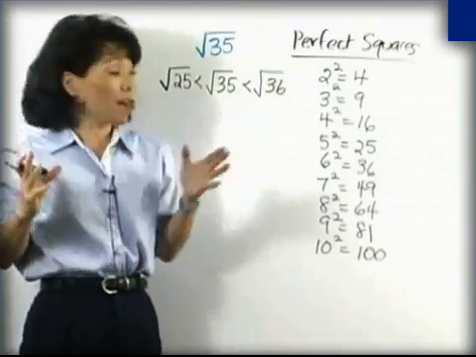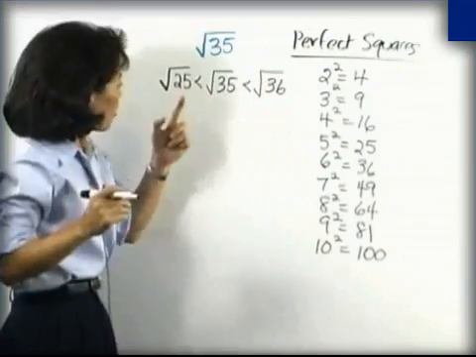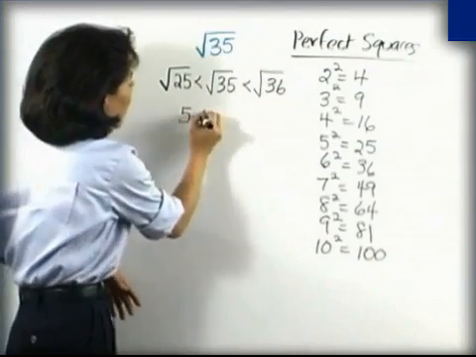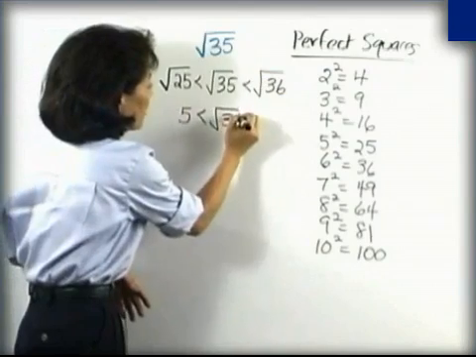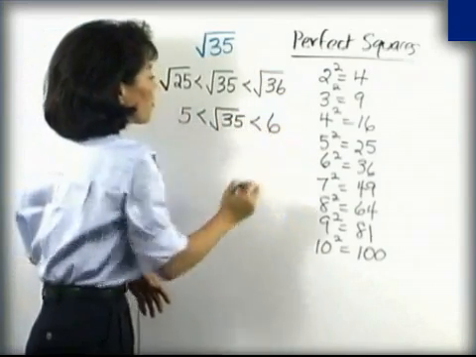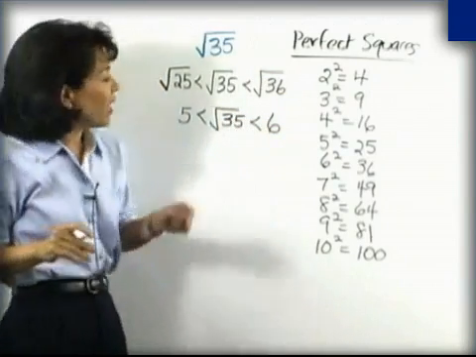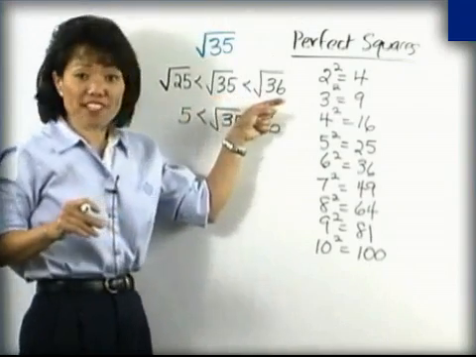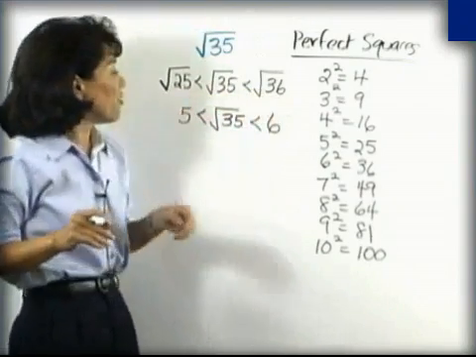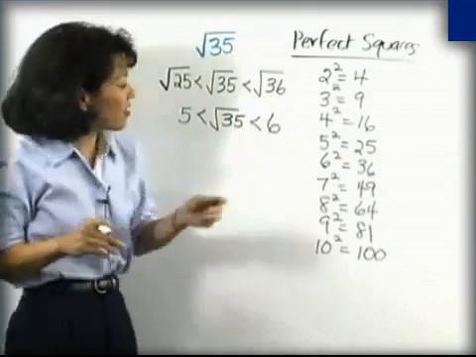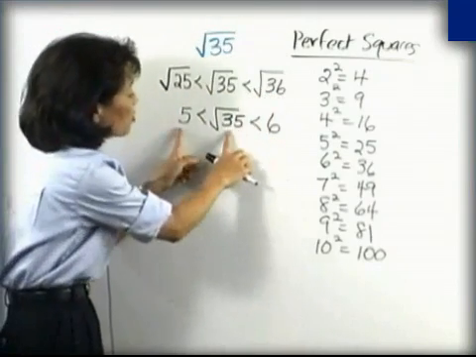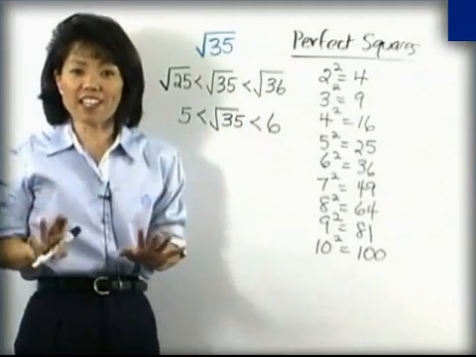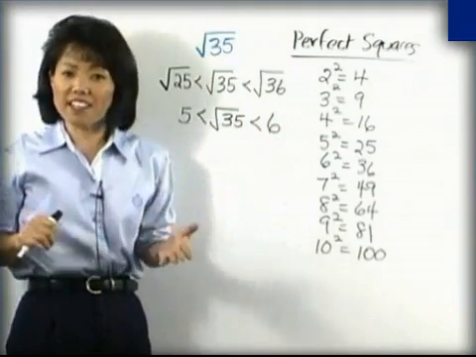Why did I put that between those two numbers? Because the square root of 25 I know is 5, and the square root of 36 I know is 6. Now, again, because 35 is much closer to 36 than it is to 25, in fact, it's almost 36, that tells me that the square root of 35 is someplace between 5 and 6, but much closer to 6.